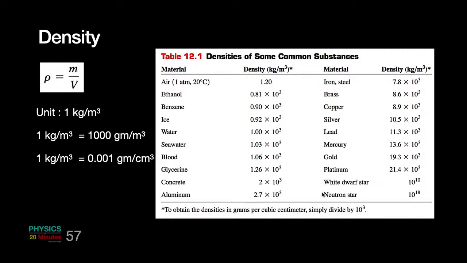At the center of a white dwarf star, density can shoot up to 10 power 10, while at the center of a neutron star, density can shoot up to 10 power 18. You can see that there is quite a fluctuation in density available in nature. To obtain the densities in gram per cubic centimeter, you simply divide by 10 power 3, that is, multiply by 0.001 gram per centimeter cube.